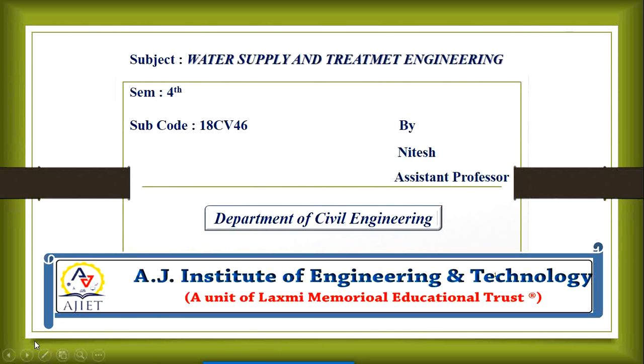So in disinfection, we studied the topics: what disinfection is, the types of disinfection, stabilization, the difference between disinfection and the action of disinfection, and the advantages and disadvantages, as well as the different methods of disinfection.